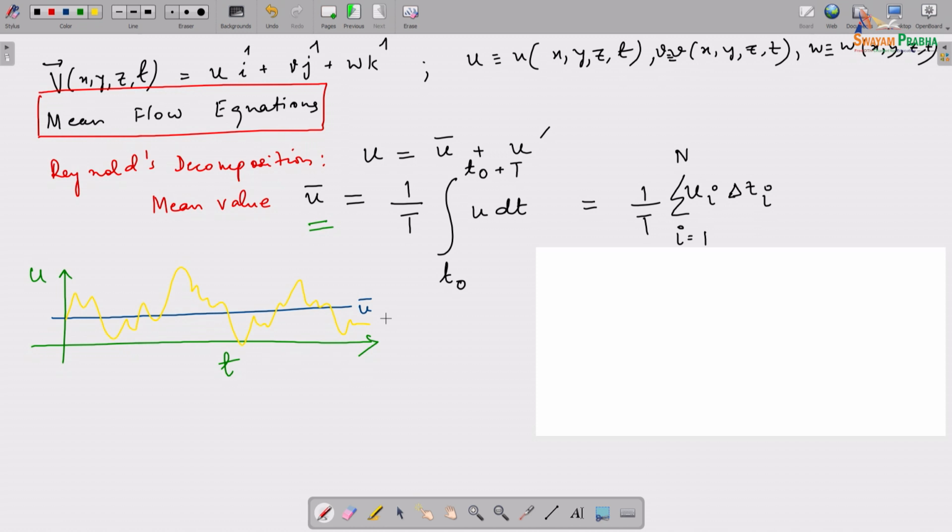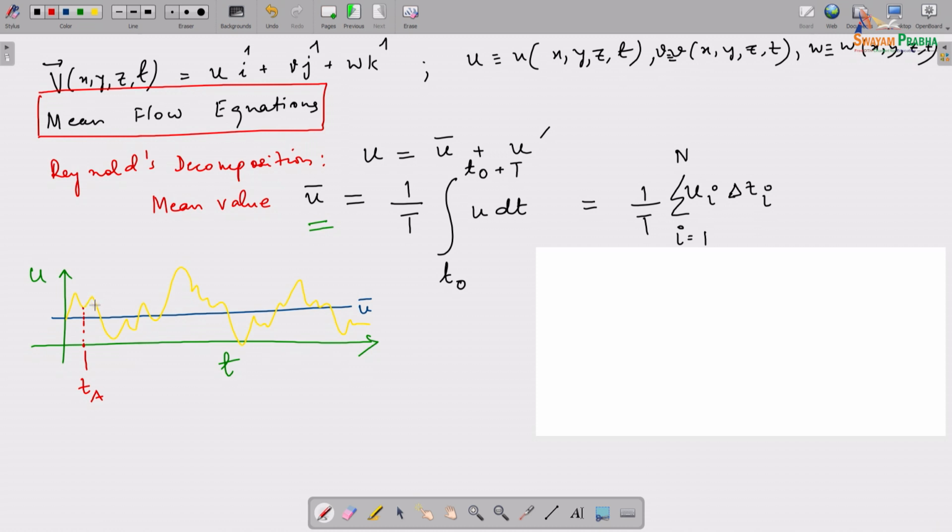So at a particular location, for example at this instant of time, say this is TA, what do you think is going to be the velocity? This is my fluctuation.